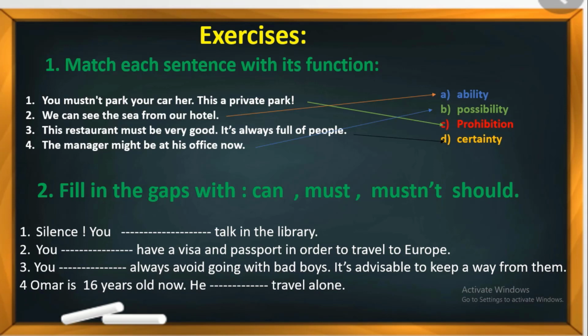Next, fill in the gaps with can, must, mustn't, or should. Silence. You mustn't talk in a library. It's forbidden to talk in a library. You are not allowed to talk in a library, as you would disturb others. You must have a visa and passport in order to travel to Europe. It's very necessary to have a visa if you want to travel to Europe.